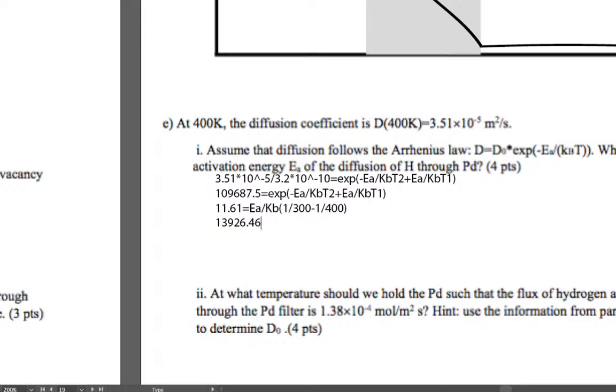Oh wait, actually no, sorry. So this value here would be multiplied by 1 over 300 subtracted by 1 over 400. I'm so sorry, but that's that.